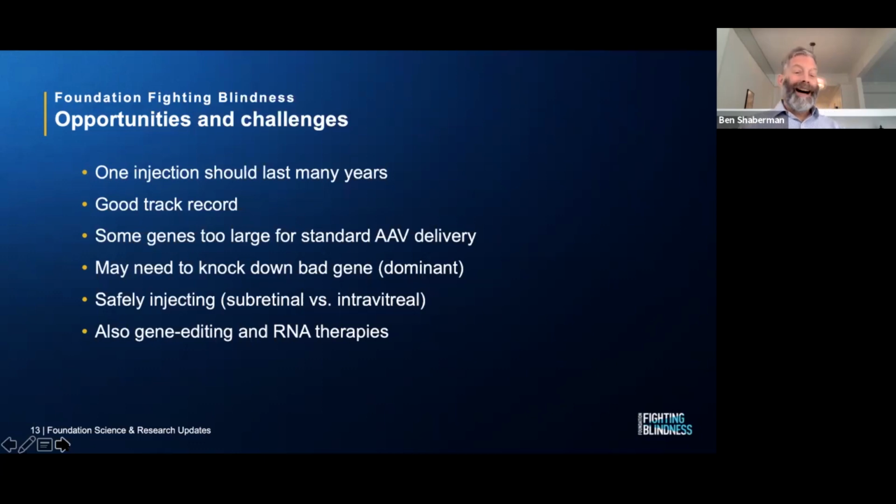One thing I did not talk about was the fact that in gene replacement, sometimes in addition to replacing the bad gene with a good gene, you have to knock down the bad gene because it's expressing a toxic, harmful protein. And so in those situations, you need a two-step approach. It's not just replacement.